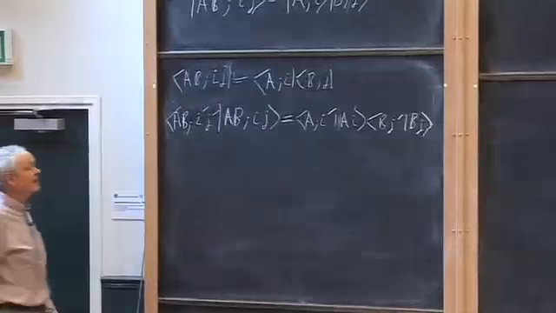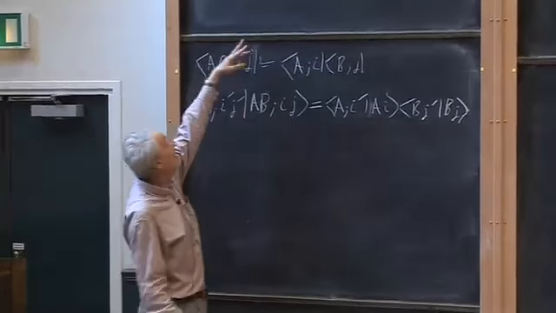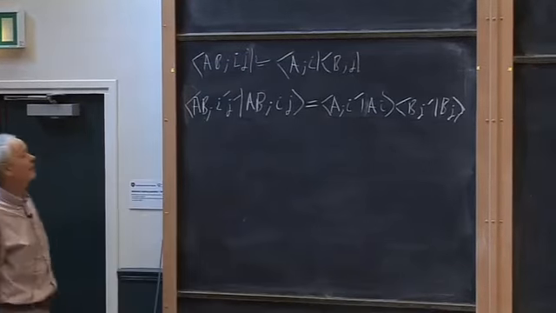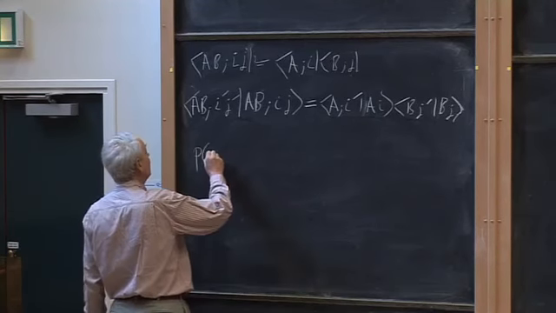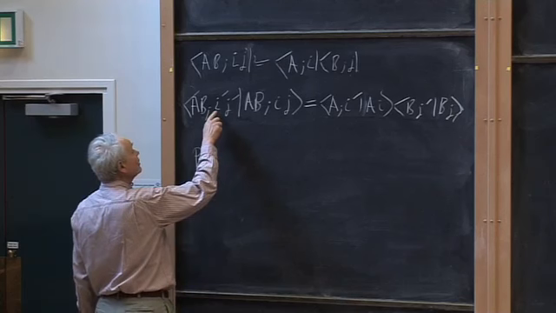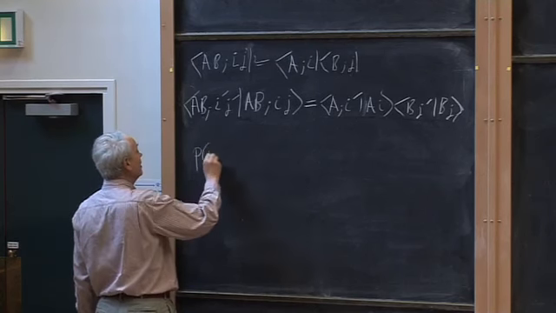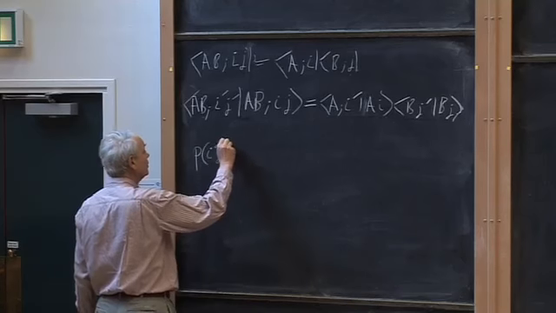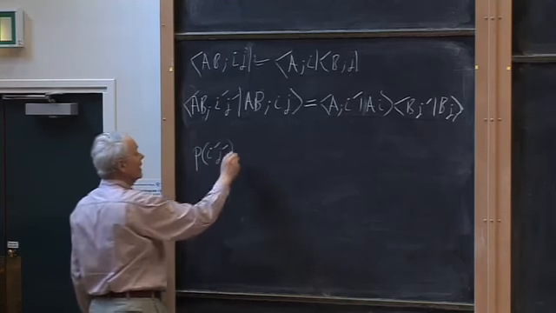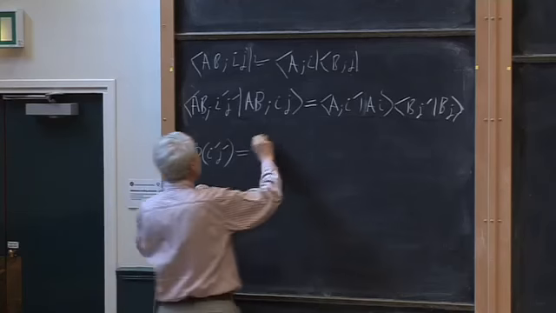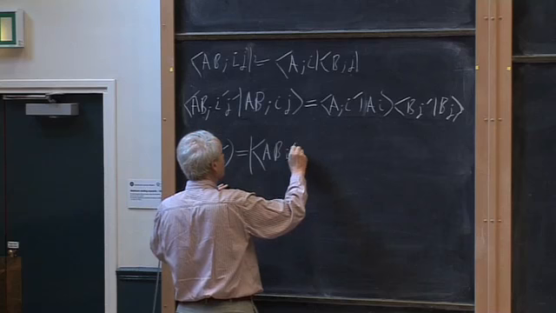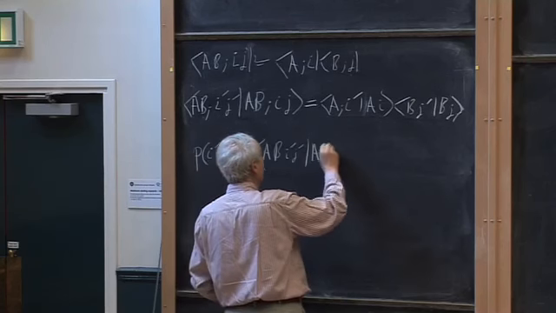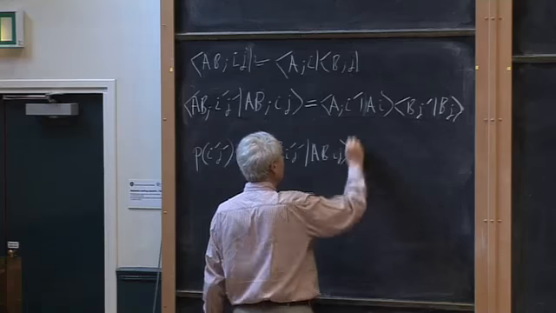Okay, why does this make sense? Why is this a sensible definition? This is the definition of what we mean by these animals. Well, it says that the probability of measuring the results I primed and J primed, given that we're in this state, is equal to, obviously, the mod square of this horrible thing, the bra I primed J primed AB with ket I J, mod square.